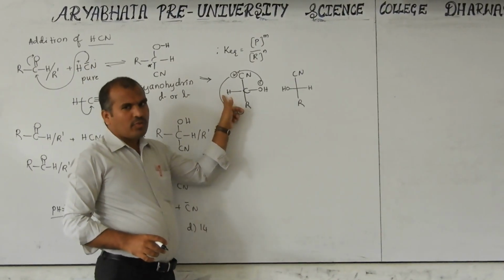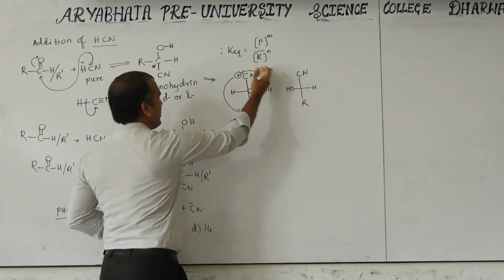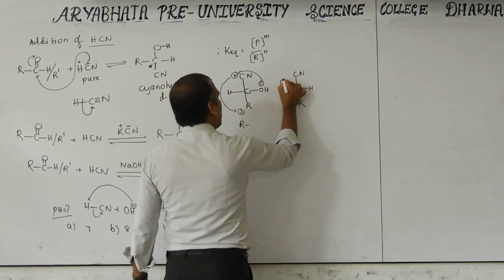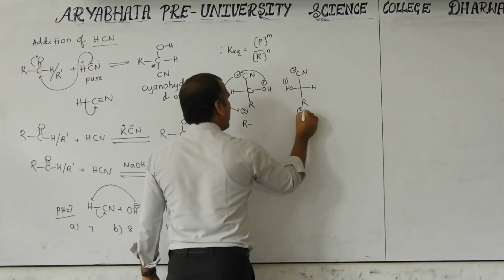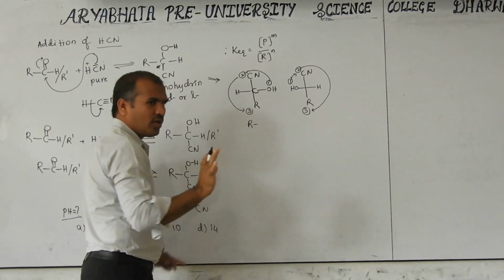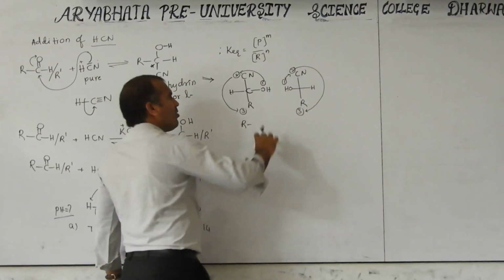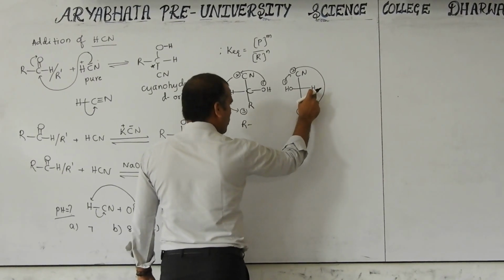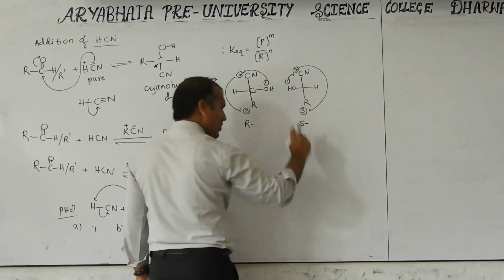But when the fourth priority group is on the horizontal line, it is reversed. So when it is reversed, this is R. We don't go up to 4, only 3 are required.